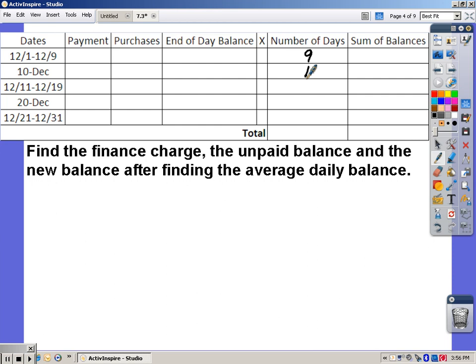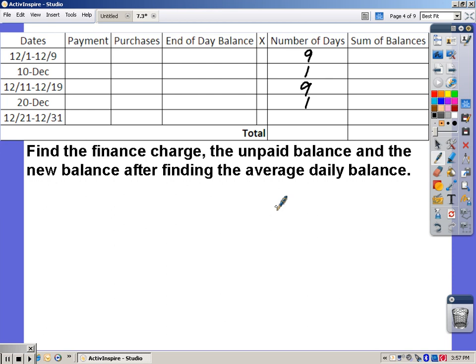From 12/11 to 12/19, if you do 19 minus 11, you end up with 8. But you always have to count the day that you start on. So 19 minus 11 is 8, plus 1 is 9. 9 days. All right, December 20th is 1 day.